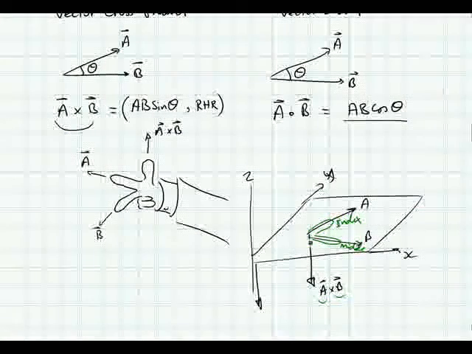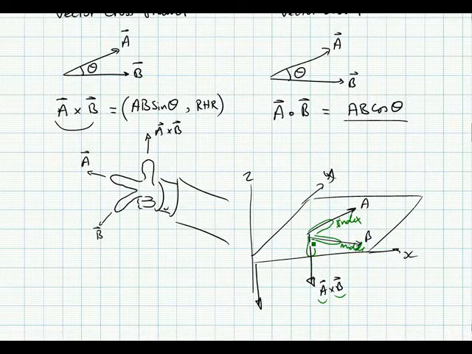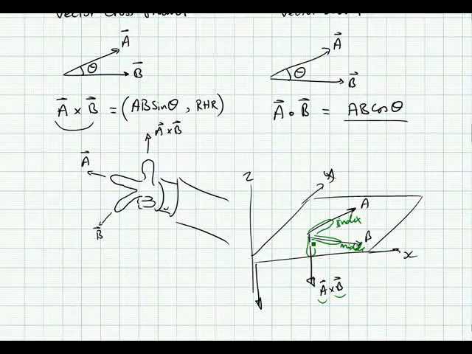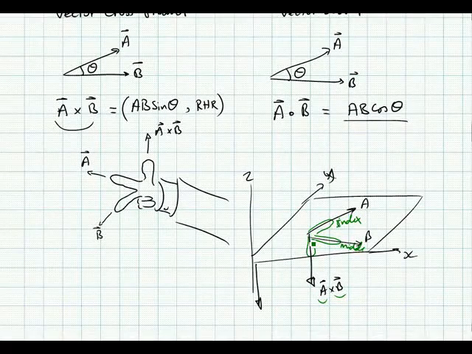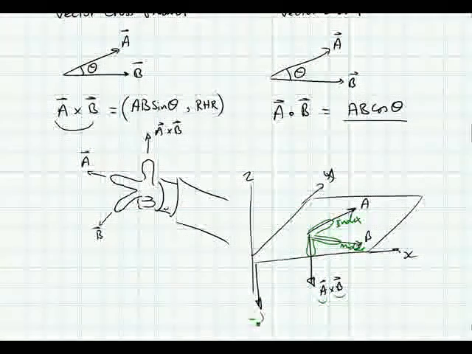If you do that, you'll see that your thumb should be pointing downwards. So the cross product of A and B is towards the negative z-axis in this case.